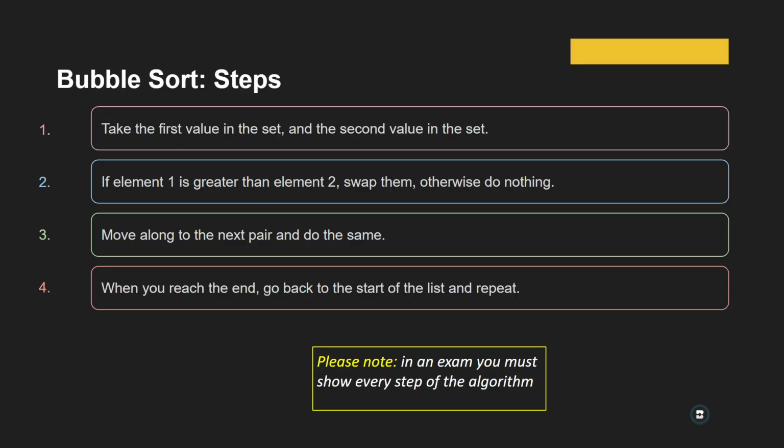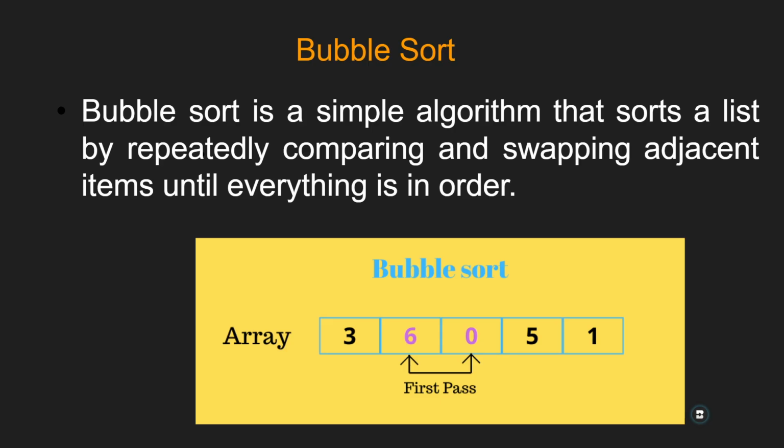So before we go to our Python code, if we look at this animation, what's happening here basically, as you see, is that each pass comes back and starts from the beginning, checking every pair; if it needs to be swapped, it is swapped, then go to the next item.